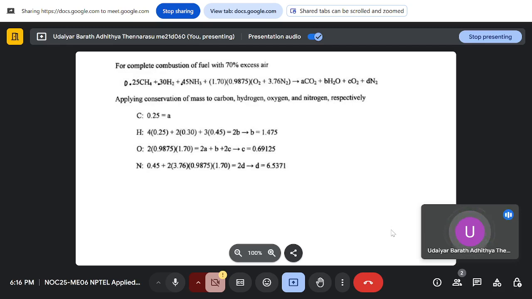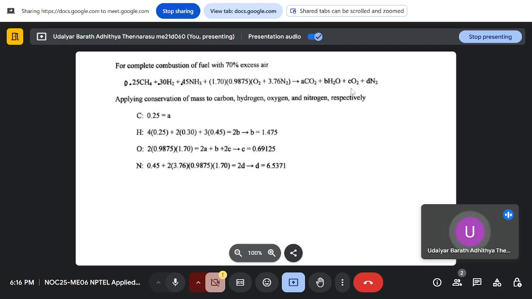So when we are combusting with 70% excess air, similarly we have to use 1.7 times of what moles we got for theoretical air, so 1.7 times into 0.9875, and doing again each of the atom balances, we get A as 0.25, which will remain same, and hydrogen will get 1.475 B. This is also same because this is all complete combustion, so the amount of moles of carbon dioxide and water will remain same.